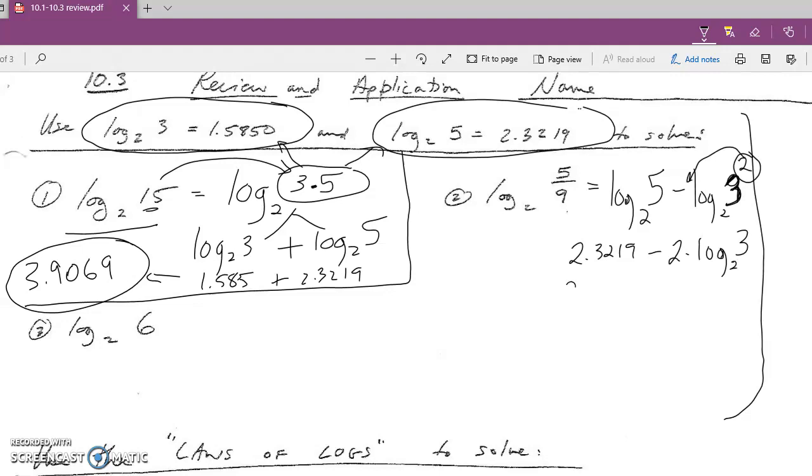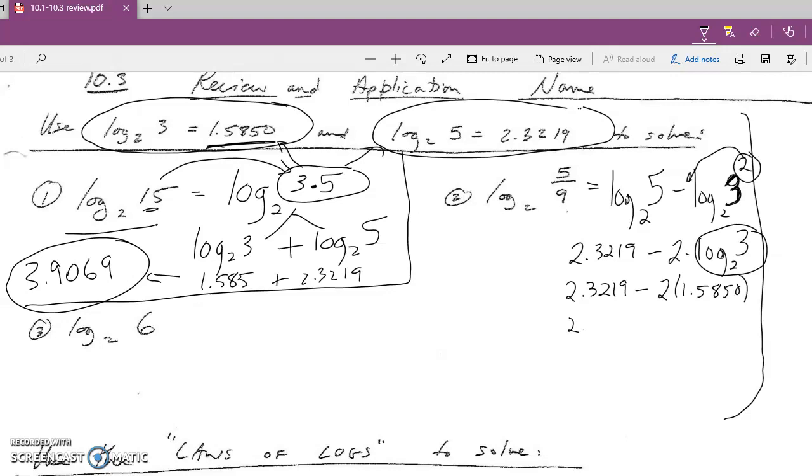Okay, now, stay with me here. This is over here. It's 1.585, so it's 2 times 1.585.